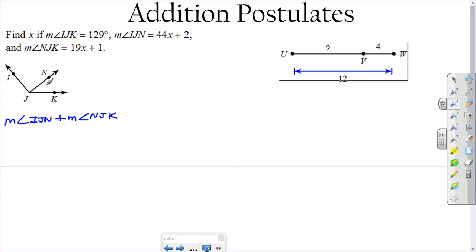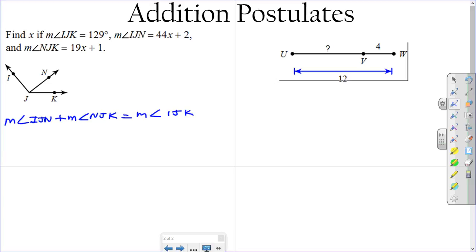So the small angles added together will be equal to the biggest of them all, both of them put together. The biggest angle is this angle right here. So I'm going to name it IJK. So the measurement of angle IJK.